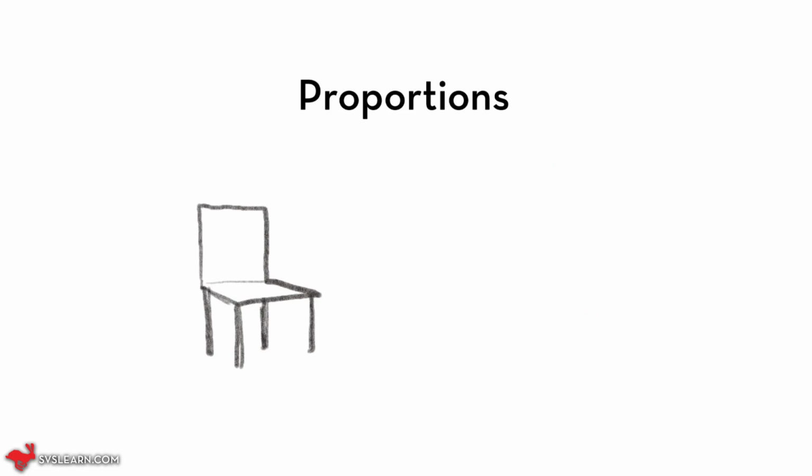Okay, so look at this chair. This chair has been designed with 50-50 proportions. This square is equivalent to the length of the legs. The bottom of the chair is matching, even though it's in perspective, the same degree of shape that the back of the chair is.